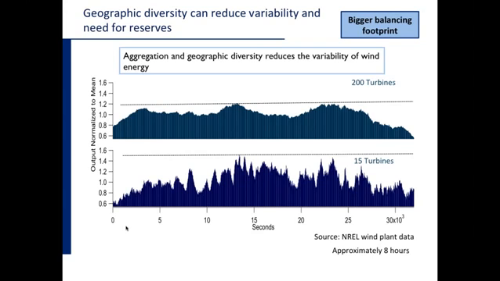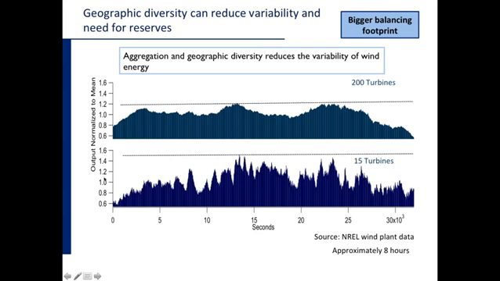Each of these two strings of turbines had separate metering on them, so we were able to look at the variability and the output of the 15 turbine group and the 200 turbine group at exactly the same time period. These turbines are all fairly close together. I should point out a couple of things on the scale here.